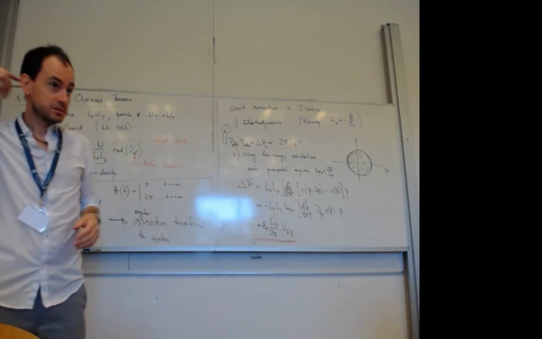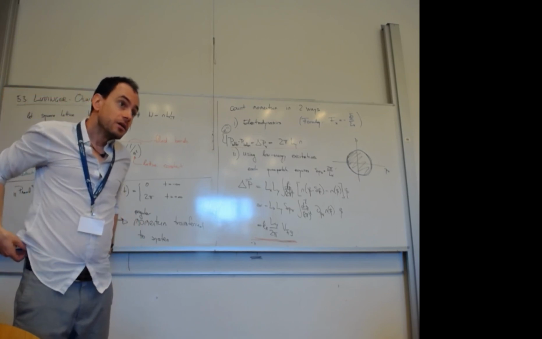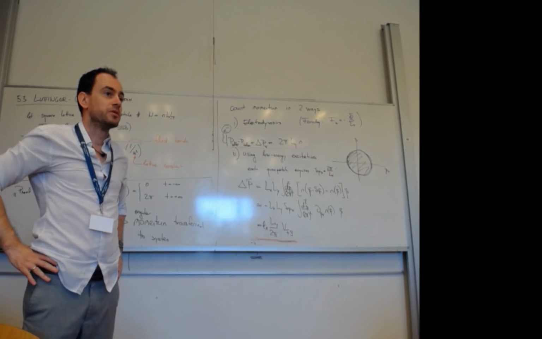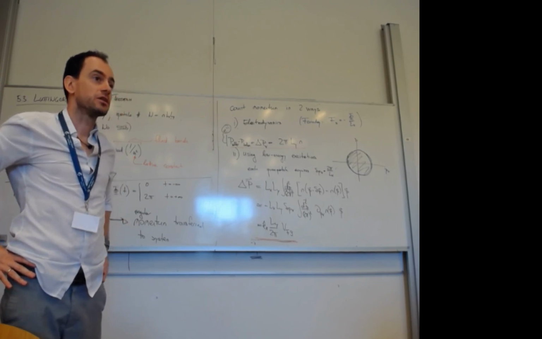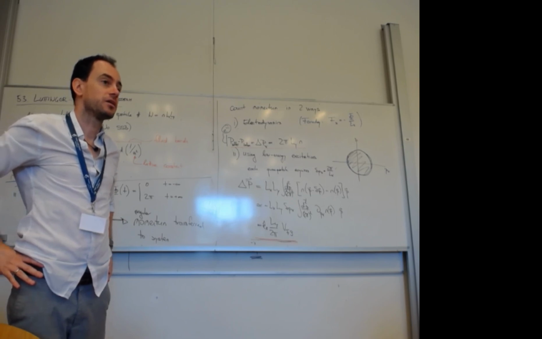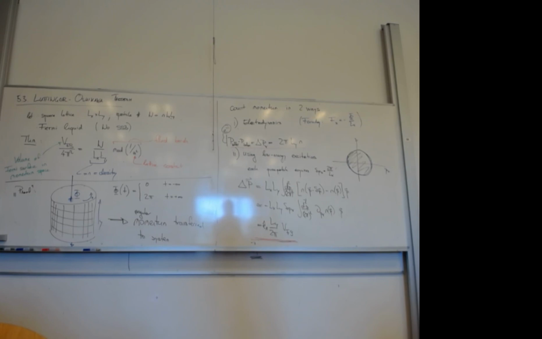Yes? Where does the idea come from that we can do this using the solution? Is it a historical question? No, I don't understand the question. Why is it done this way?